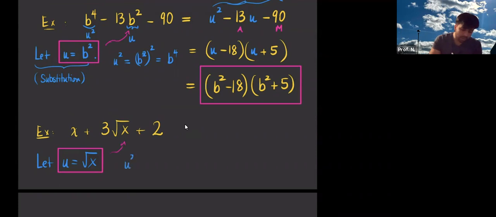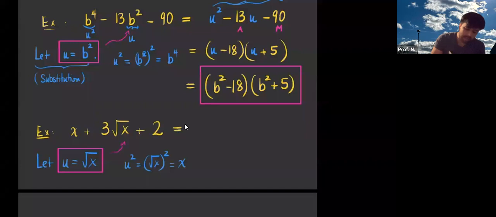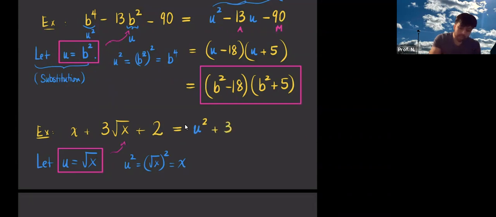Because if I square u, I square the square root of x, and I'm left with x, which is exactly the first term. So I can now replace x with u squared. I'm going to rewrite that with a blue u. So now the first term is u squared, and this becomes plus 3 times u plus 2.